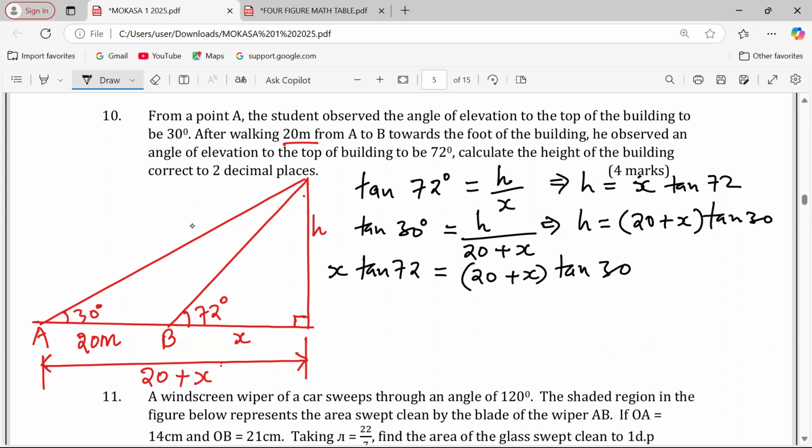Then we find X first. When you compute on the calculator, the value of X shall be exactly 4.618 meters. Then after this, we can take X to one of the expressions and we find our H.